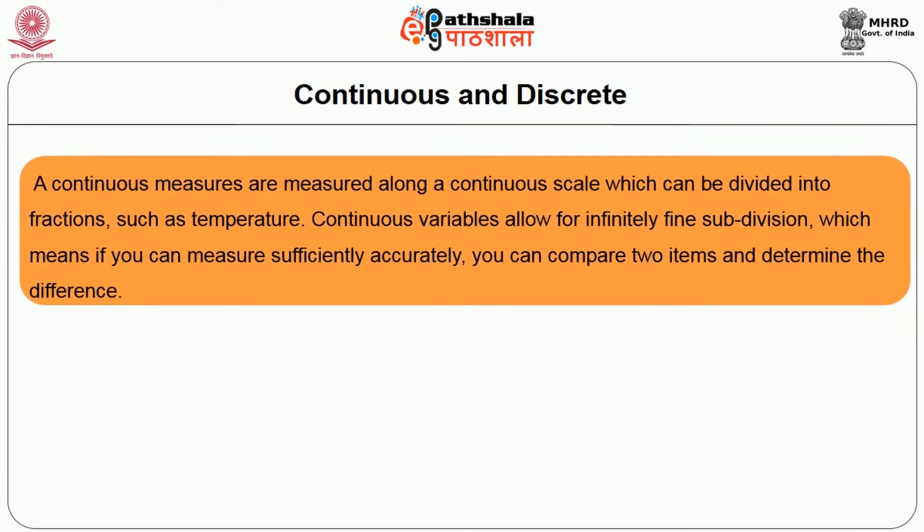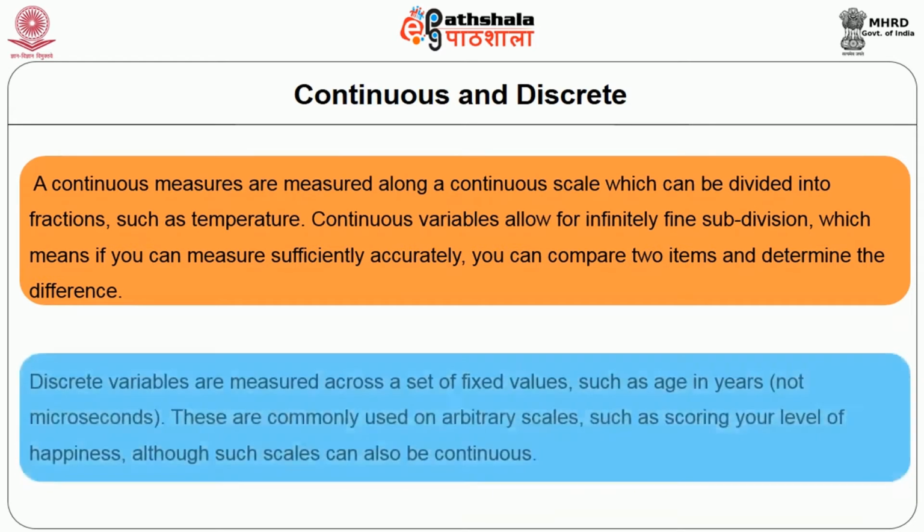Continuous and discrete variables. Continuous measures are measured along a continuous scale which can be divided into fractions such as temperature. Continuous variables allow for infinitely fine subdivisions, which means if you can measure sufficiently accurately, you can compare two items and determine the difference.